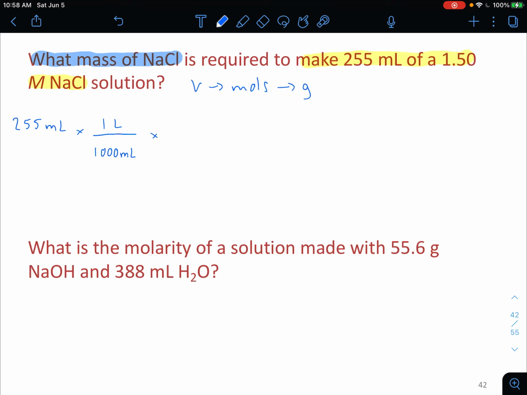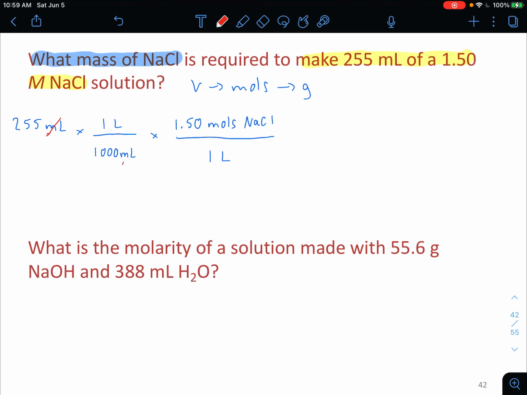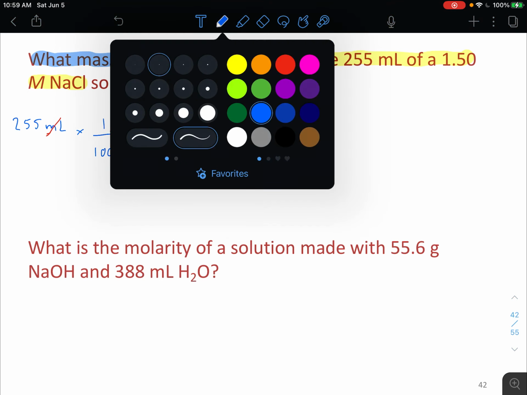And then now molarity makes sense, right? Because it will be 1.50 moles sodium chloride per 1 liter. So we're off to a good start here, right? Milliliters cancel with milliliters, liters cancel with liters, and now I'm in moles, but I want to be in grams.